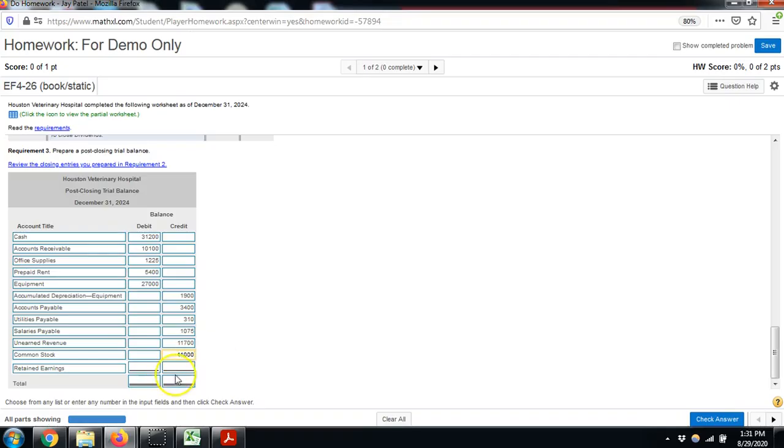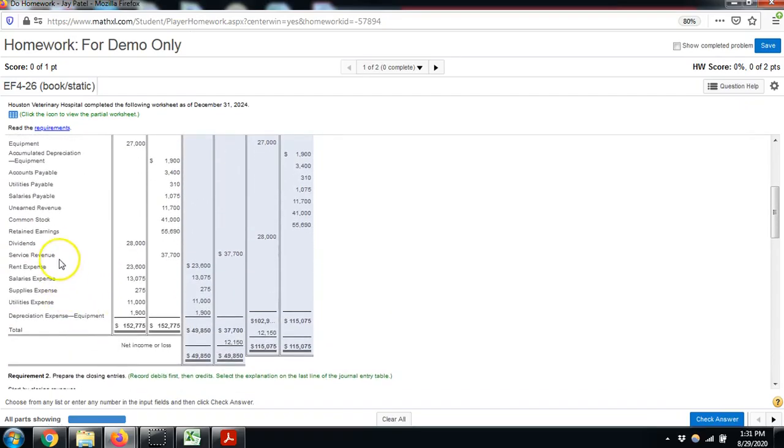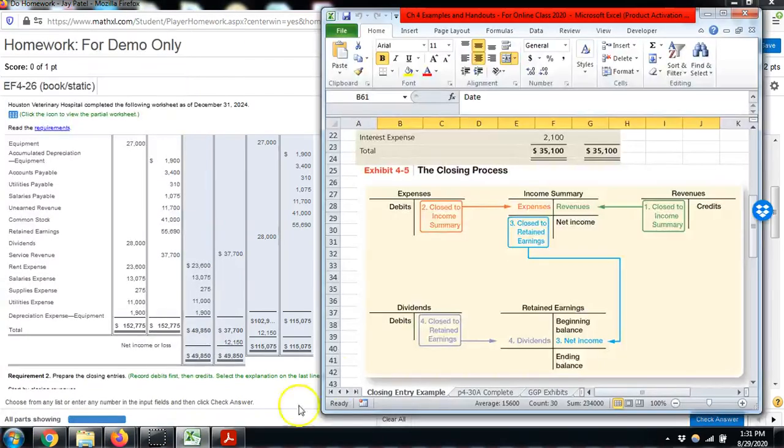Now for retained earnings, we're going to have to do a little calculation. So we look to our worksheet here. We see that our retained earnings is $55,690. So let's do a little spreadsheet here.